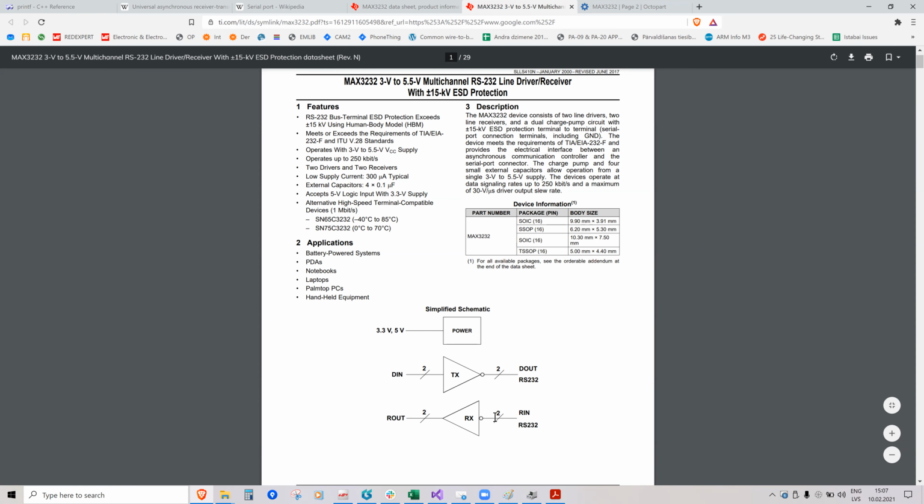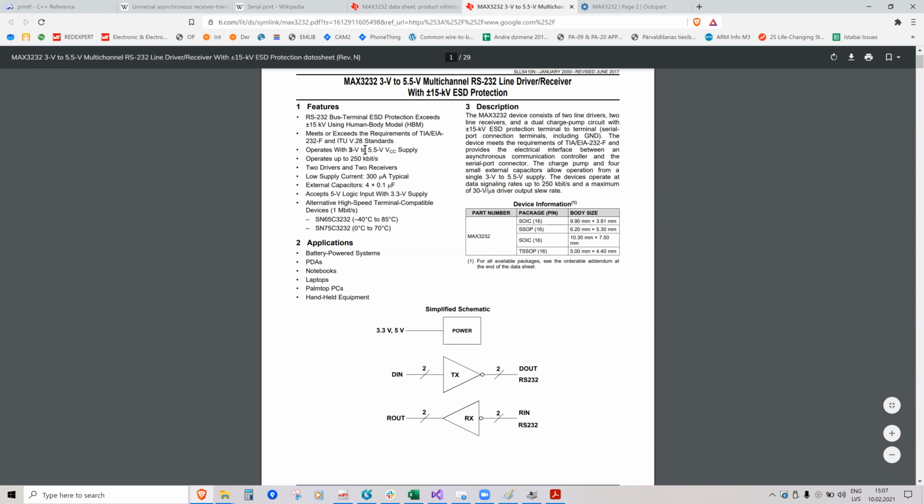And for the input, it receives from 3 to 5 volts, and it converts it down to your microcontroller's voltage levels. So the microcontroller puts in whatever voltage level it has, 3 volts or 5 volts, for example. This thing sends out 5-volt levels, and the other end receives 5-volt levels, and using a second chip like this, it can down convert it back to its levels.